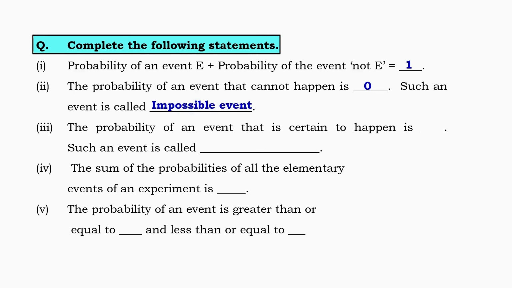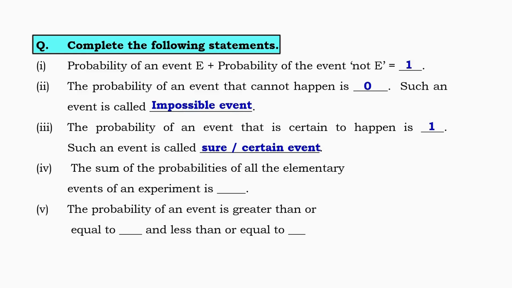The probability of an event that is certain to happen. Certain means which is obvious. So the probability is always 1, and such an event is called a certain or sure event. The sum of the probabilities of all elementary events of an experiment. What is an elementary event? An elementary event is one where the number of favorable outcomes is always 1.